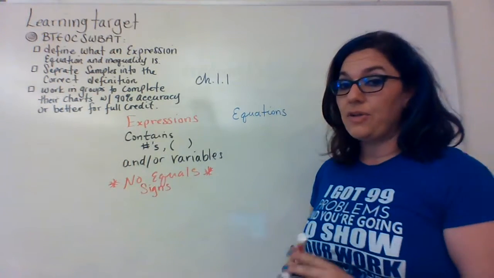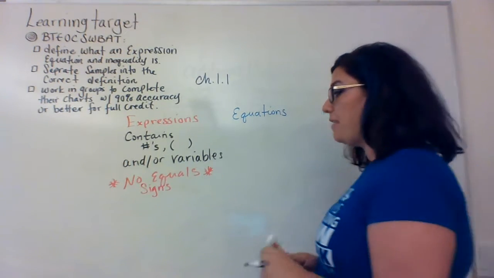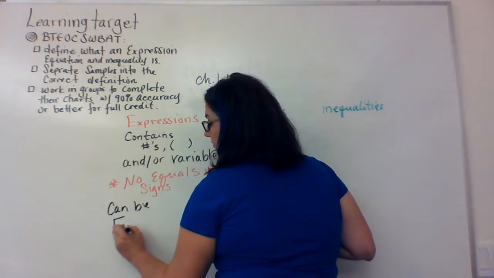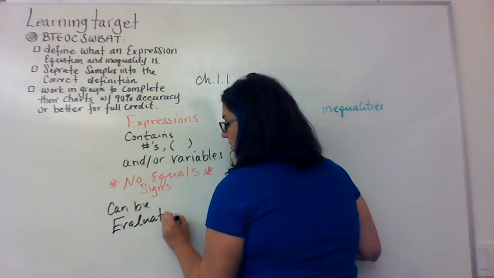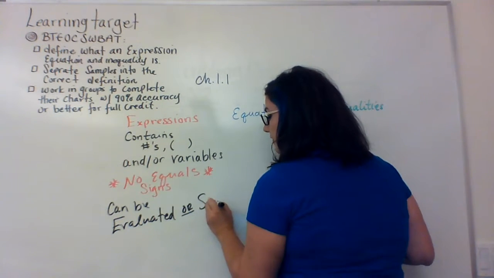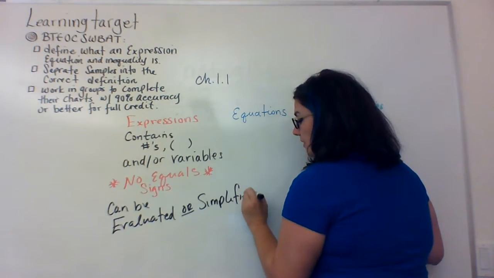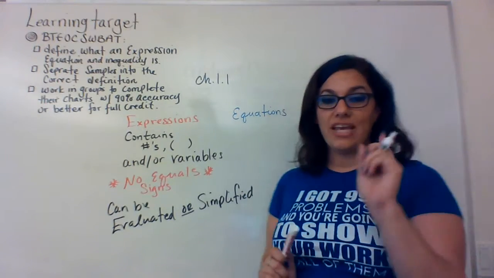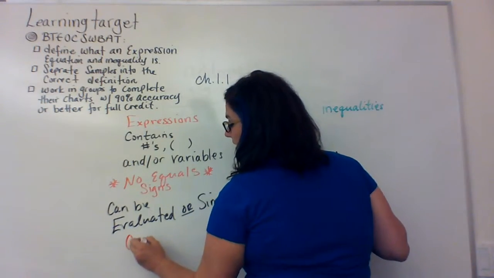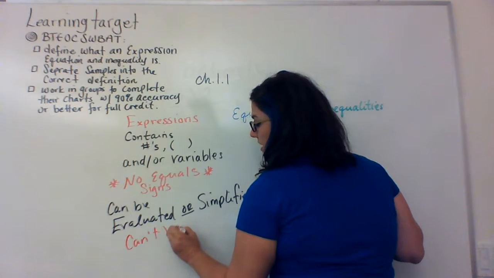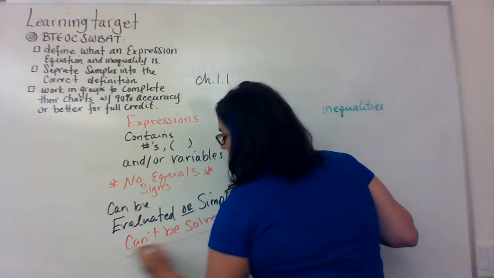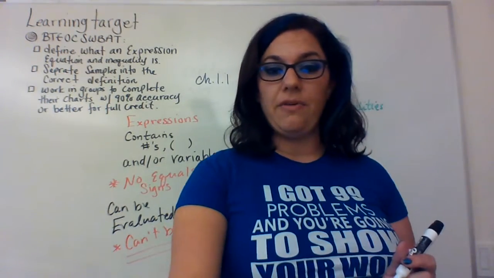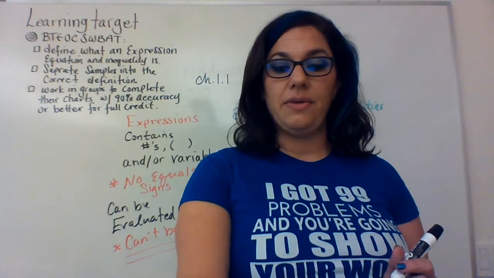That means that when you have an expression, it can be evaluated or simplified. However, it cannot be solved. You cannot solve it. Can't be solved. Okay? So that's the first part of what we have when it comes to dealing with those.